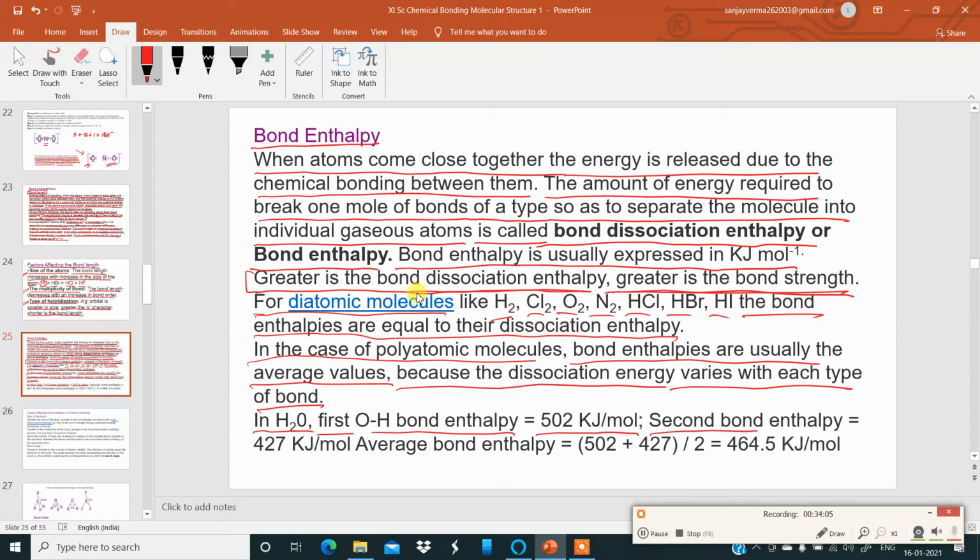The second bond enthalpy becomes lower. It is 427 kilojoules per mole. So you have to take the average. Therefore, average bond enthalpy becomes 502 plus 427 divided by 2, that comes to 464.5 kilojoules per mole. So for polyatomic molecules, the bond enthalpy is taken as the average of the first and second bond dissociation energies.